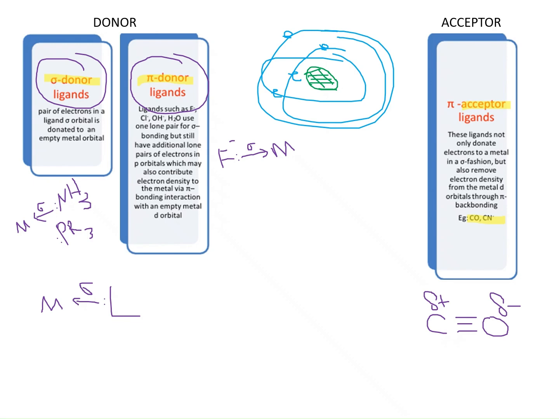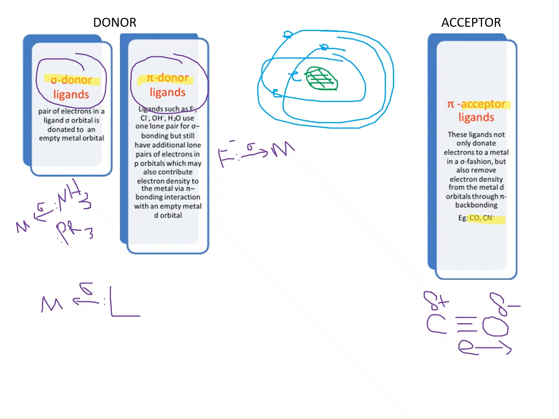So the electron polarization moves towards oxygen because the electronegativity of oxygen is greater than carbon. That creates a huge difference in electronegativity value between carbon and oxygen. So electrons will be moving towards oxygen.